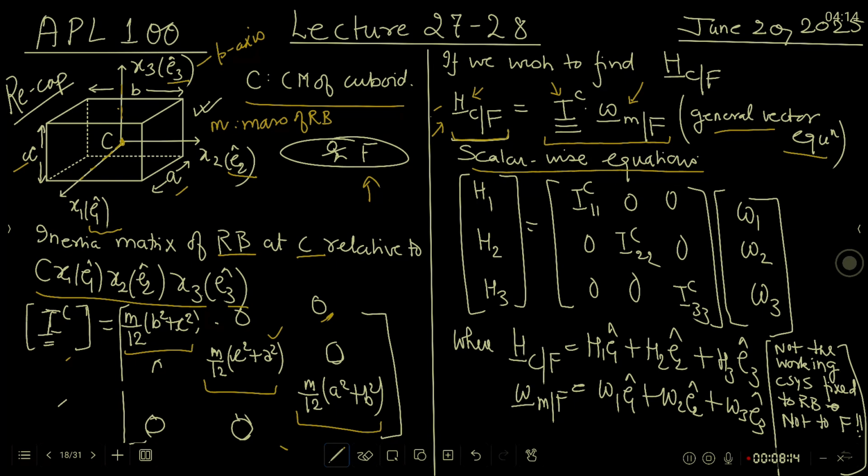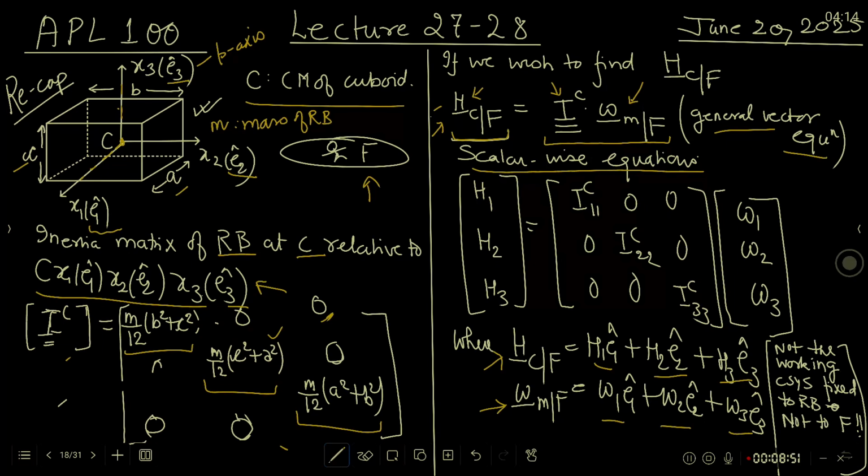If I choose to use the same Cartesian coordinate system as my working coordinate system, then in general HCF will be written as H1E1 plus H2E2 plus H3E3, where H1, H2 and H3 are the scalar components of the HCF vector in that coordinate system. Similarly, the angular velocity vector would be expressed in general as omega 1 E1, omega 2 E2 and omega 3 E3.